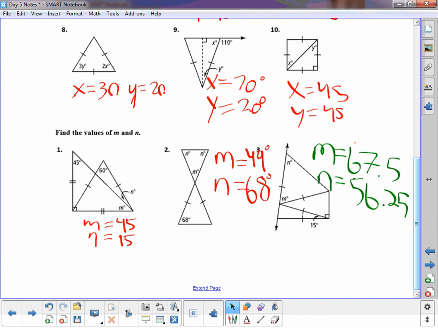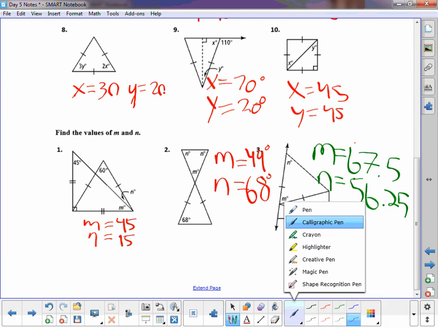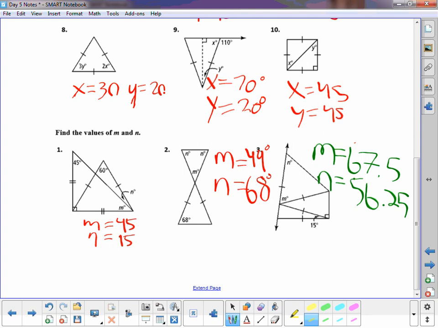Okay, so we have a few different triangles happening. And again, just take it a piece at a time. I have this triangle here. What type of triangle is that? Isosceles. And so if I know this is 15 degrees, I know that these are going to have to be the same. So you can call that really whatever letter you want. I'm going to just call it x.